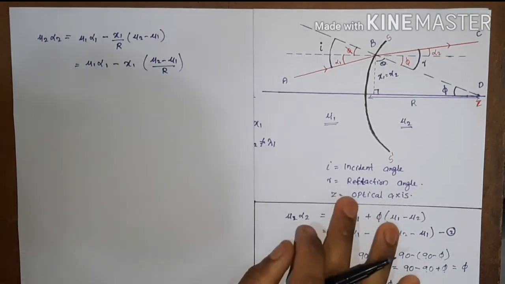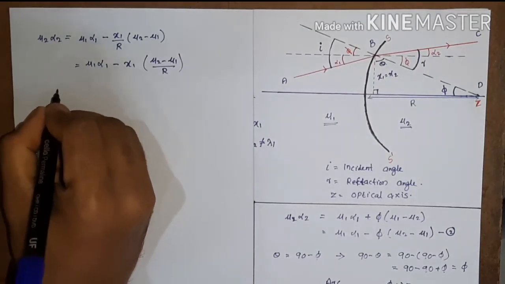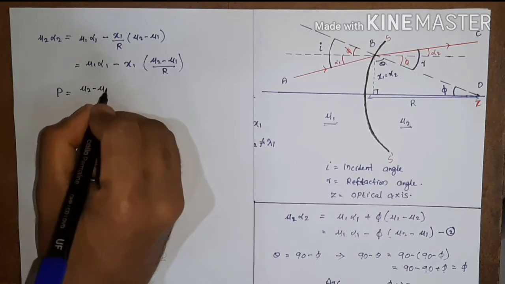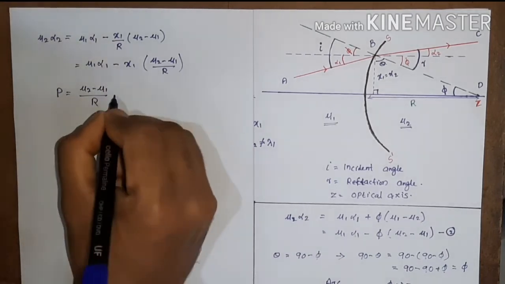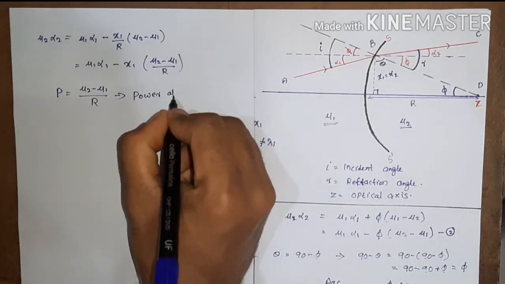Now I am introducing a new term, denoting it P, which is equal to mu2 minus mu1 divided by r, and is called the power of the refracting surface.